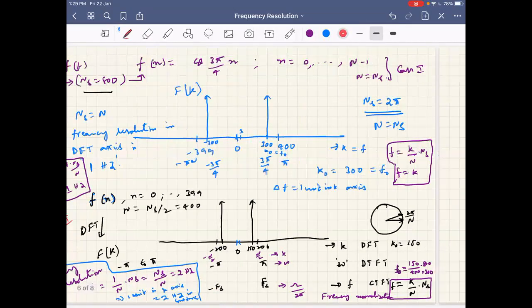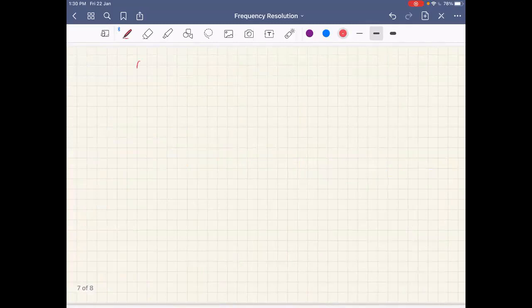Now I request you to quickly do case 3, wherein we have again f of n. Initially f of t is there with us, sampled with Ns or Fs equal to 800 Hz, 800 samples per second, and we got f of n.